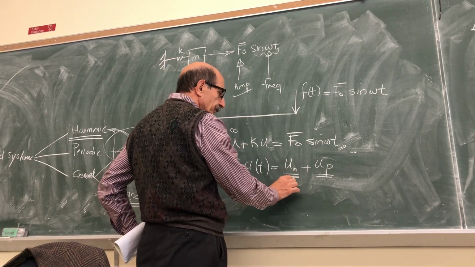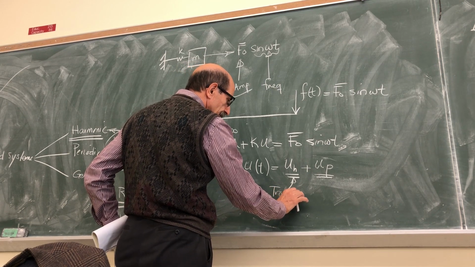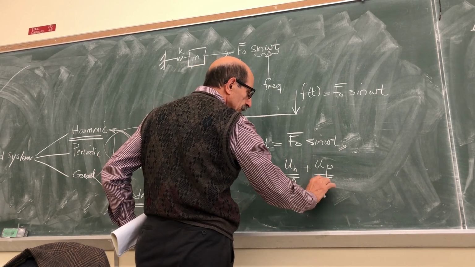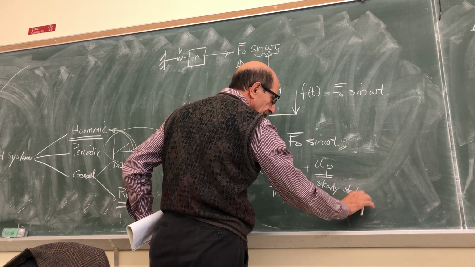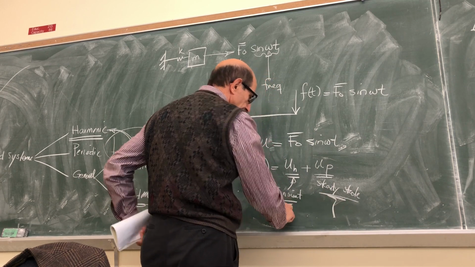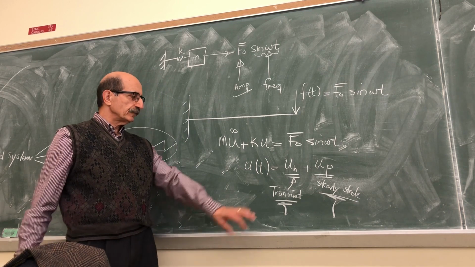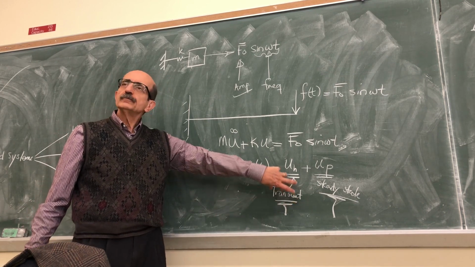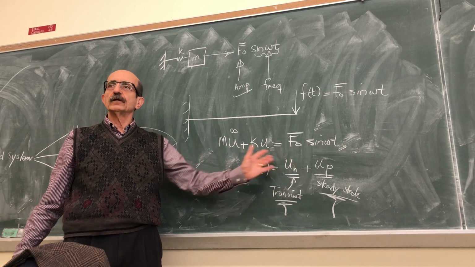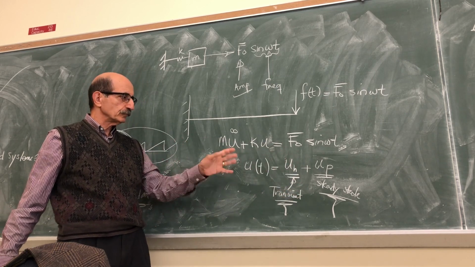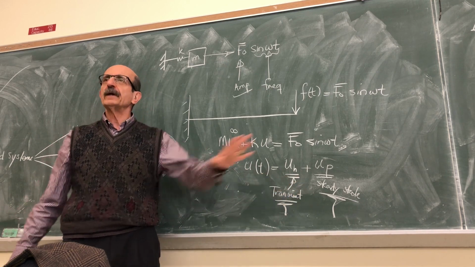This part, we call transient, and this part we call steady state. The reason we call those names is that the left-hand side, especially in the case of an underdamped system, dissipates with time.